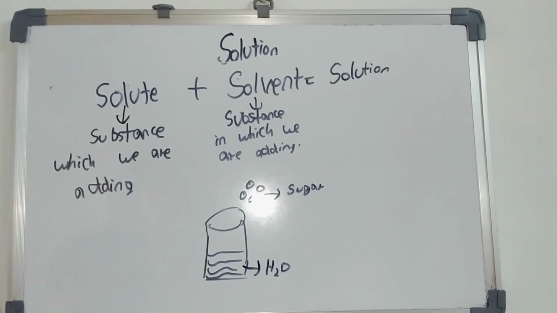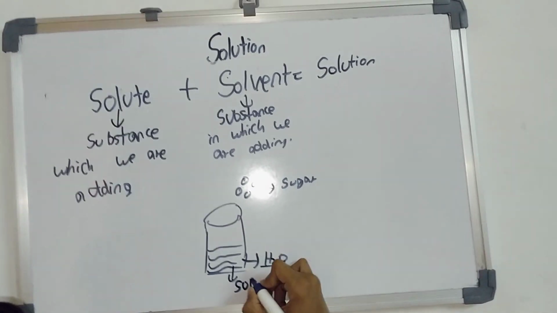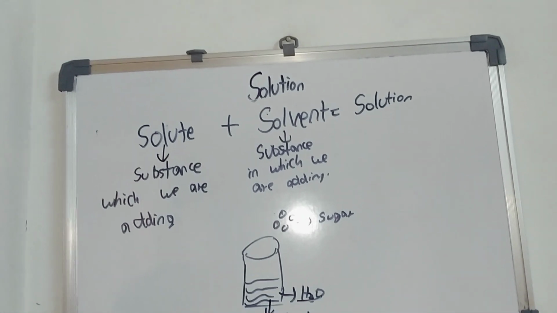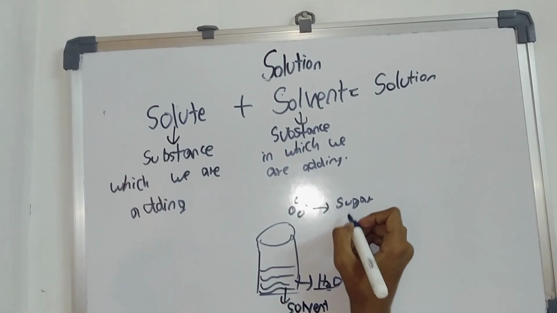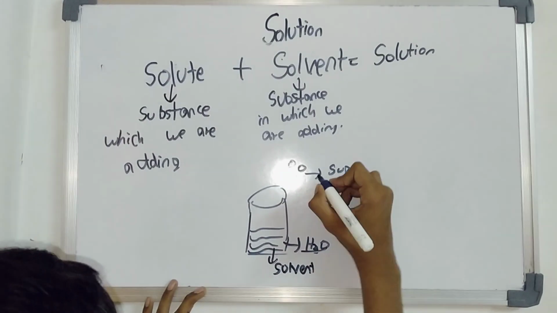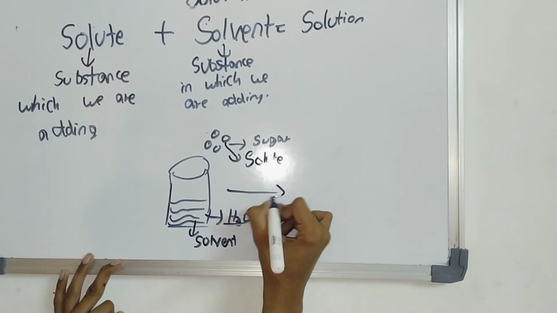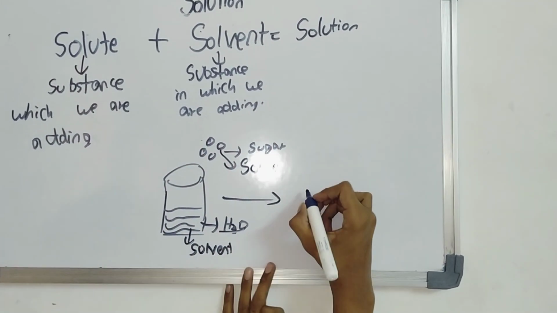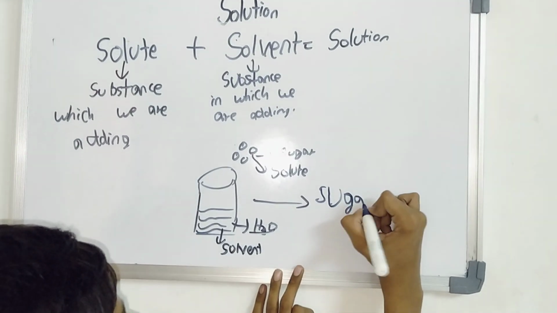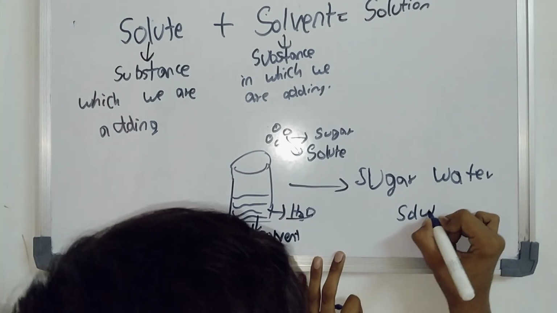So in this case, water will be the solvent, because we are adding sugar in water. And what we are adding, sugar, will become the solute. When they both combine, we get a solution, that is sugar water. This is a solution.